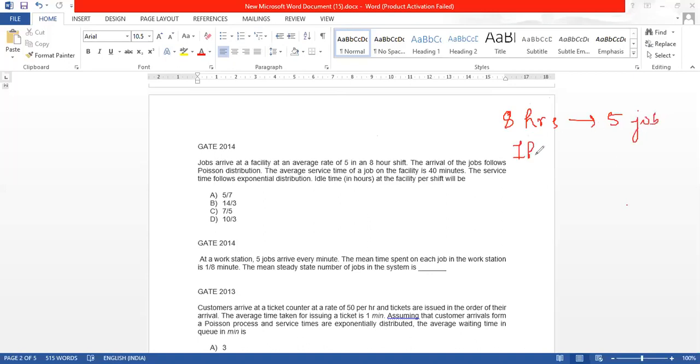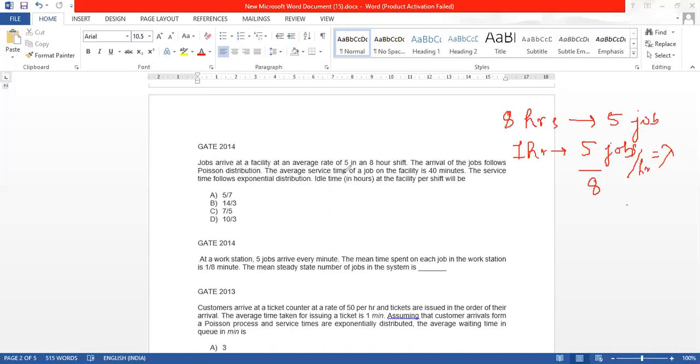So in 1 hour, 5/8 jobs will arrive per hour. This will be the lambda because jobs per hour is the arrival rate. The arrival of the jobs follows Poisson distribution.